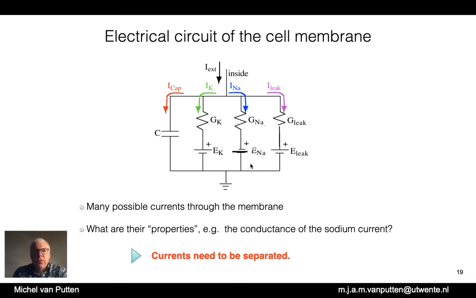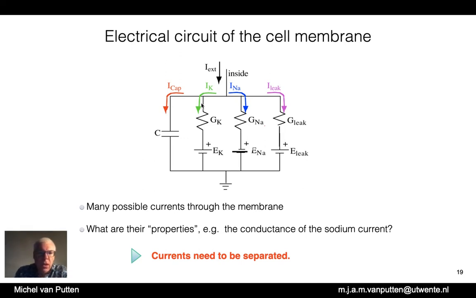Now, how can you get more information about the currents in the circuit? Well, one of the things you can do is that you apply an external current and you measure the external current, and at the same time record the voltage across the circuit. Then indeed you can get an impression of the, say, composite currents through all these four legs.